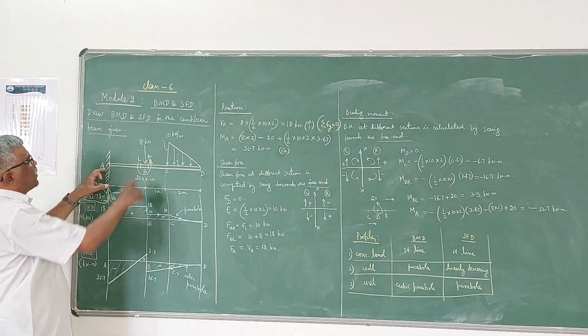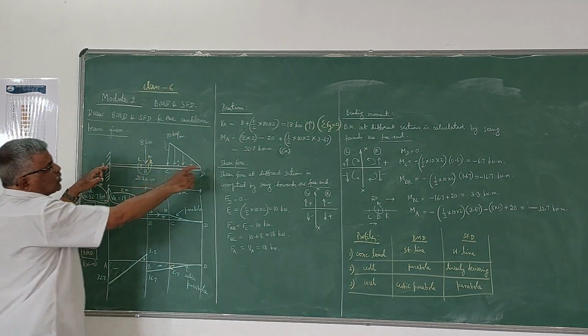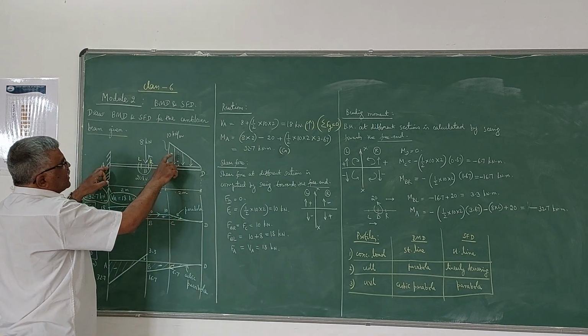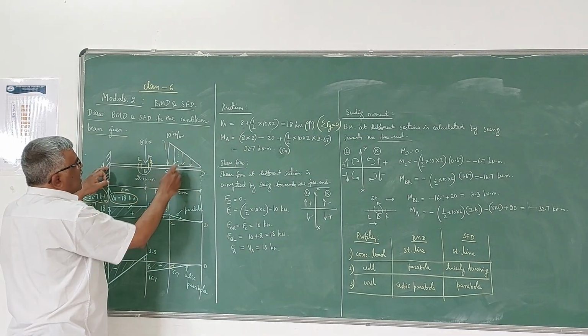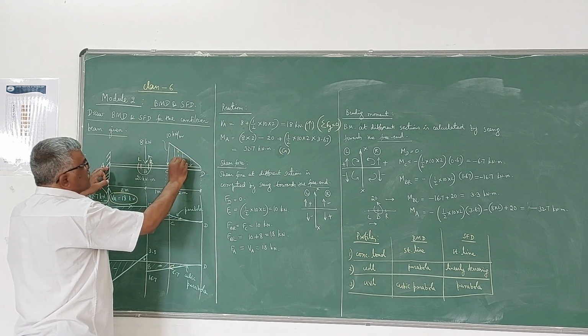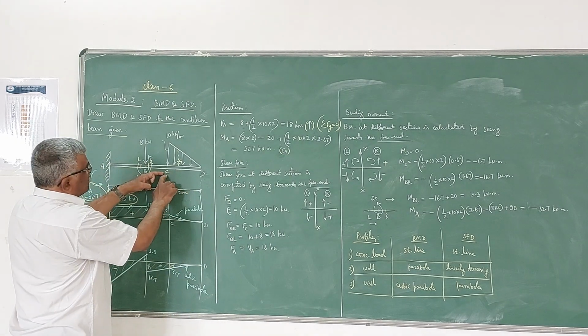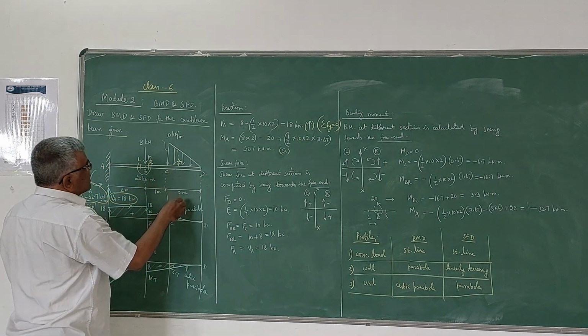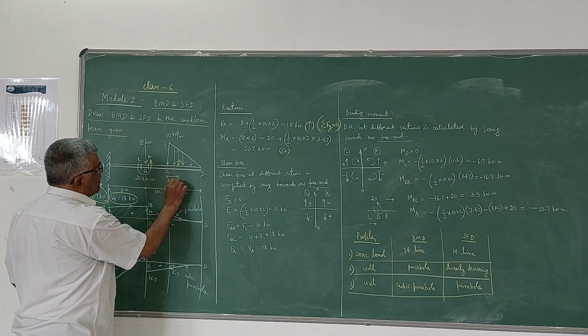So MA is equal to, here moment due to 8 kN is 8 into 2. So that I have written here. Then moment due to this triangular load is half into 2 into 10, and we assume that this triangular load will be acting at the CG of the triangle, which is at a distance of 1/3 of 2 meters from C. So that is 0.67. So this distance is 0.67 meters from C.